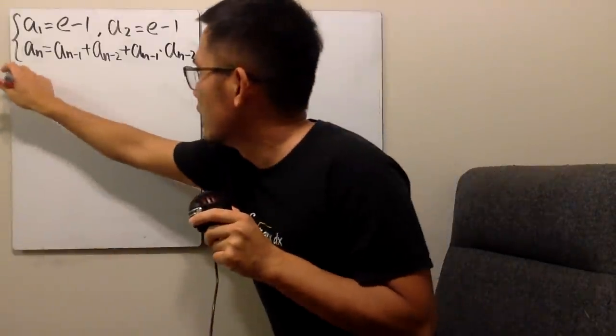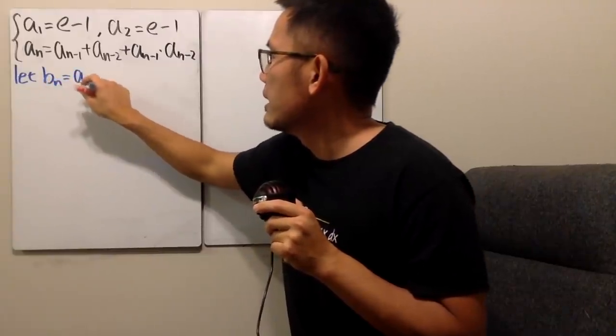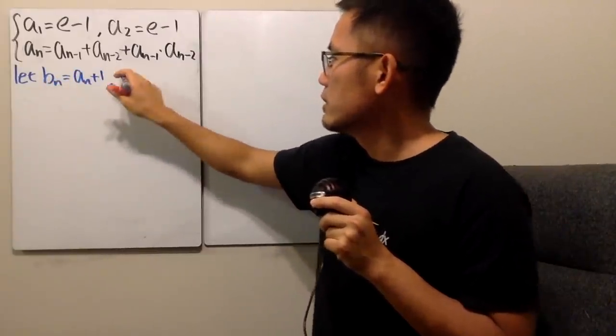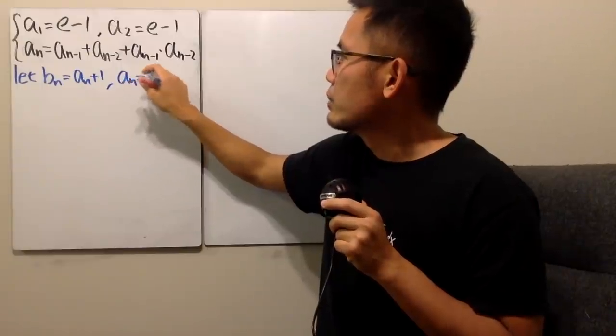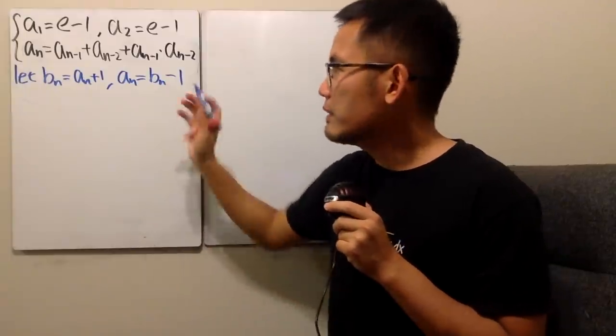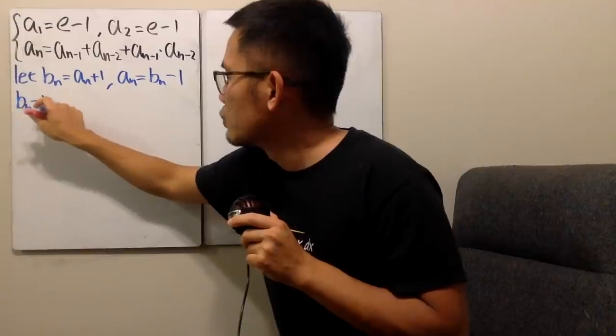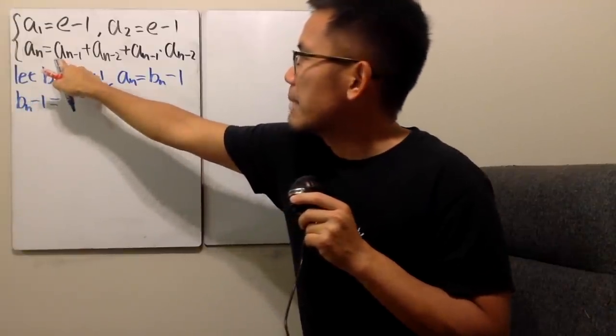Let me demonstrate. We are going to let b_n equal a_n plus 1. In other words, you can look at this as a_n is equal to b_n minus 1. Well, have a look. Right here, a_n is equal to this, which is b_n minus 1. That's equal to a sub n minus 1.